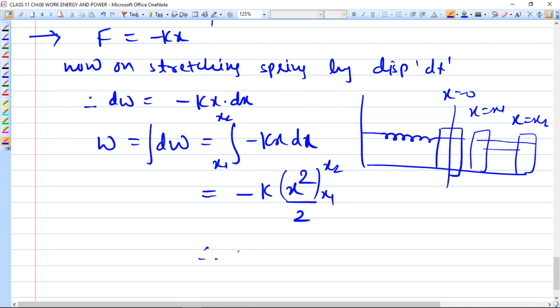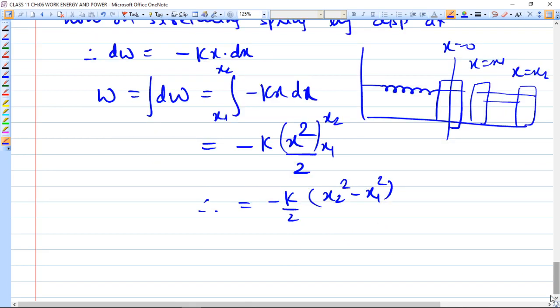So what you will get is minus k by 2 times x2 square minus x1 square. Clear? See how to replace the limit. First of all, put x equal to x2, the upper limit, and x1 is the lower limit. So work done from 1 to 2 is half k x1 square minus half k x2 square.